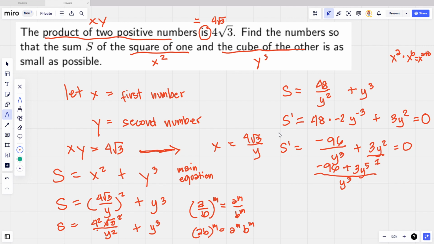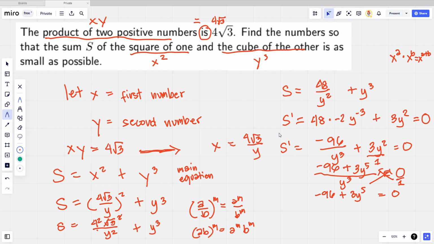Copy the operation plus, and we get 0. From here, we just cross multiply. The 0 is a whole number, so 0 over 1. Cross multiplying, 1 times negative 96 plus 3y to the fifth is still the same: negative 96 plus 3y to the fifth, and that's equal to 0.